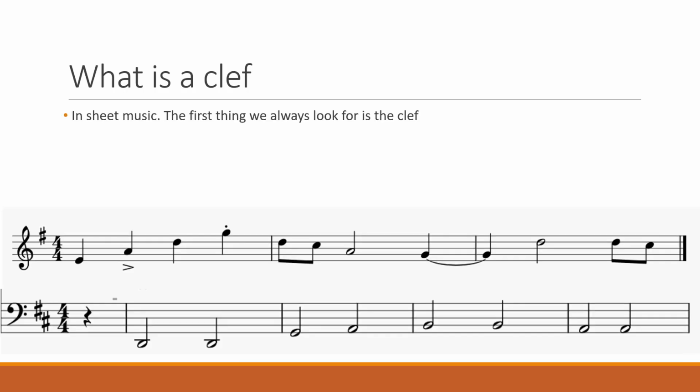A clef is a music symbol always at the beginning of a piece that indicates pitch, and it is always the thing you look for first. You will see it here at the beginning of the sheet, beginning of the music.